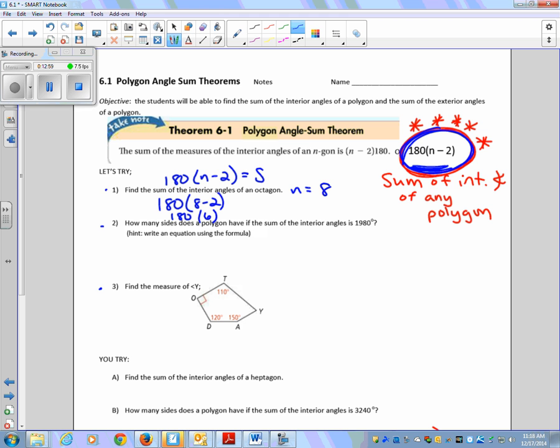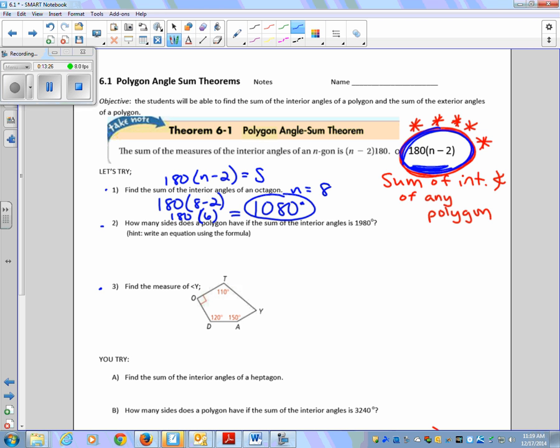So 180 times 6, remember order of operations, you have to do what's in parentheses first. And 180 times 6 is 1080 degrees. That's the sum. So in any octagon ever, no matter what weird shape it could be, if it has 8 sides, you add up the interior angles, and it's going to be 1080 degrees. Again, we're talking about convex polygons here.